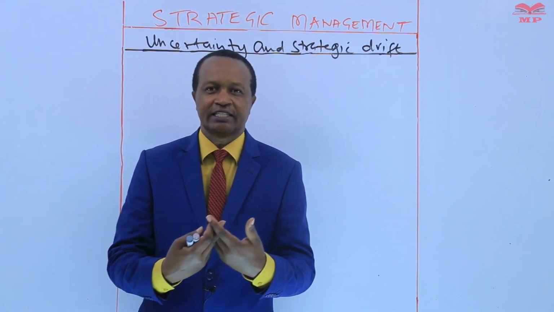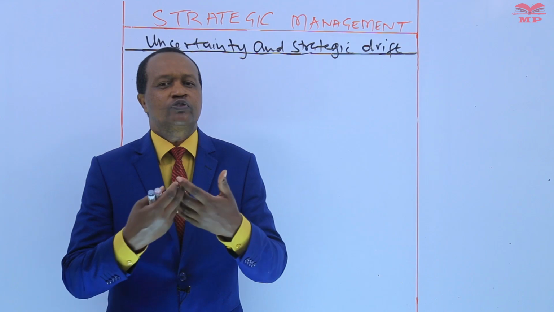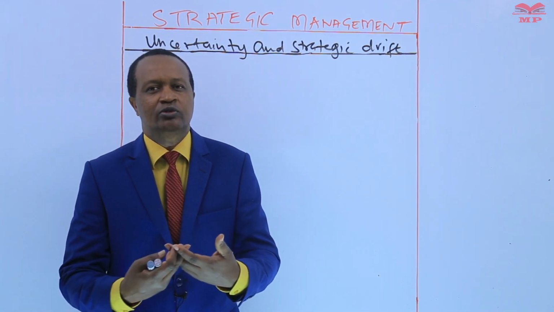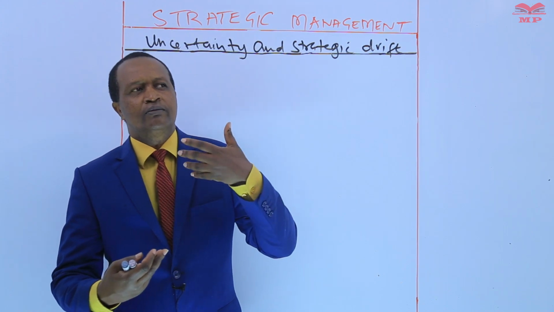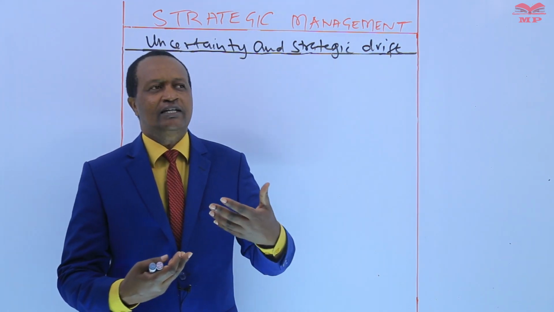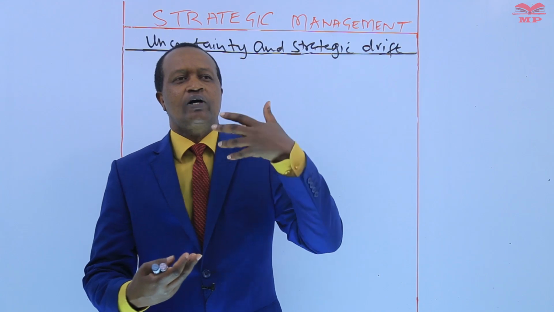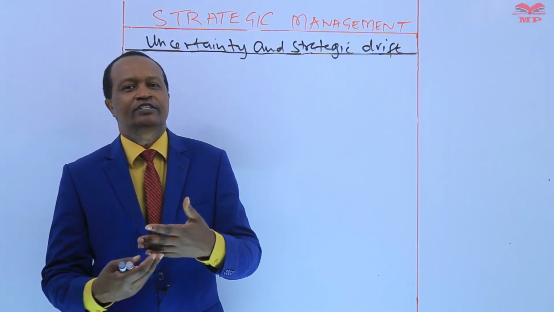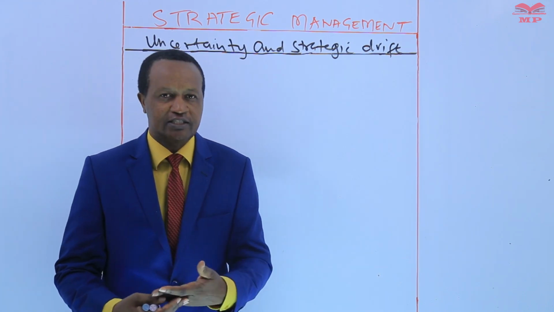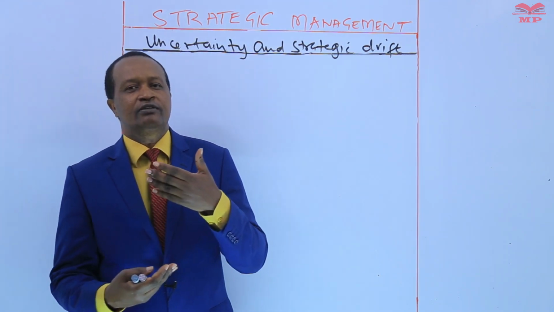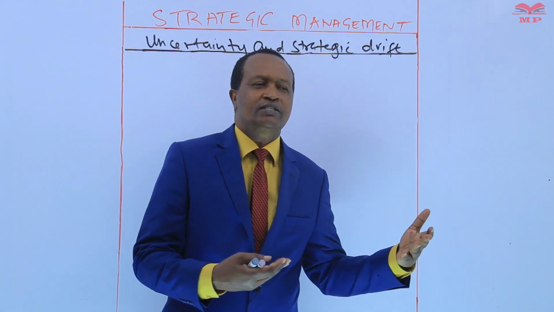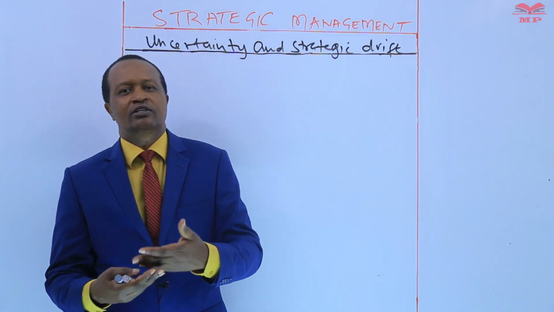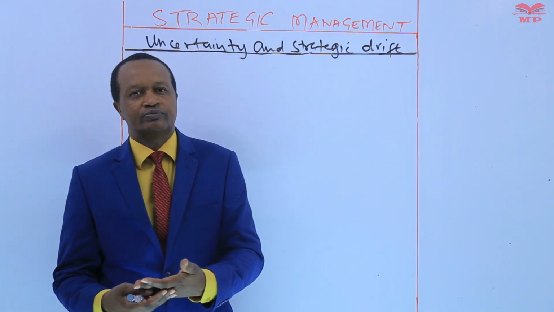So what is uncertainty? Now, in the context of strategic management, uncertainty refers to the lack of predictability and the difficulty in forecasting future events. And that can arise from various factors, including external environment, internal environment, complexity, and so on.